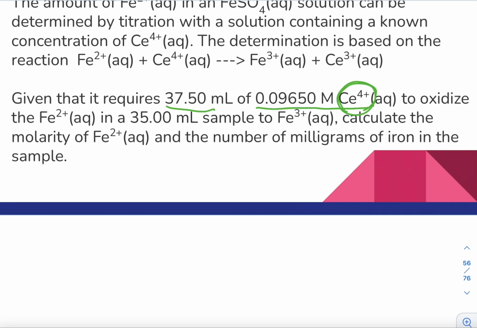The other two examples we did, they told us the molarity of a compound. So we had to do that extra step where we figured out how many moles of the ion would be in the compound. Here we don't have to do that, okay? So what we're going to do first is find the moles of Ce4 plus. And that we're going to do the same way, molarity times liters.